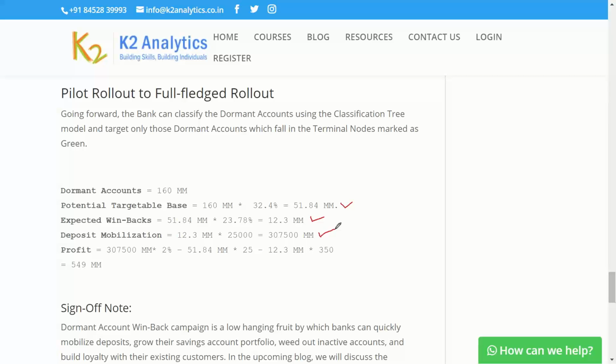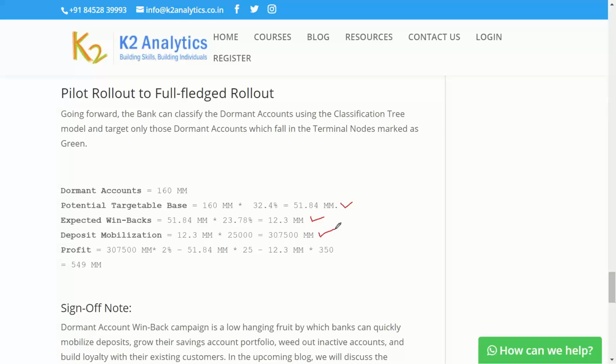The deposit mobilization would be 307 billion, or if I express it in crore, it is 30,750 crore of deposit mobilization in the savings account.